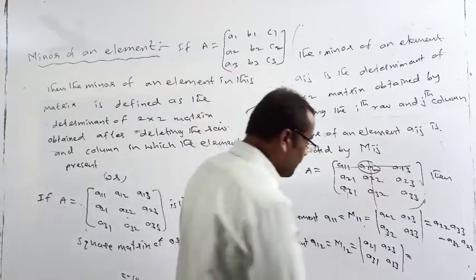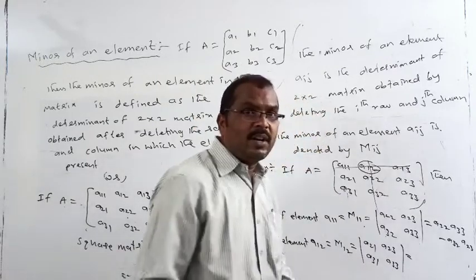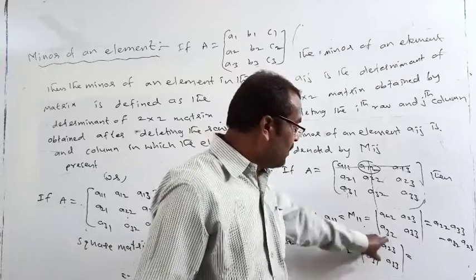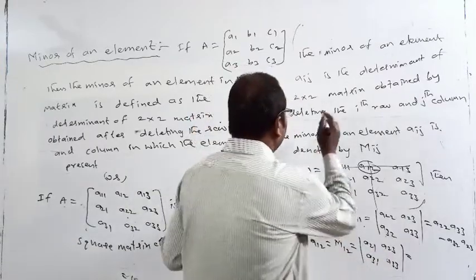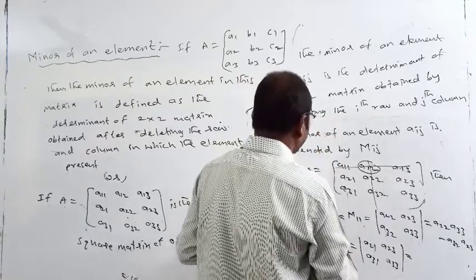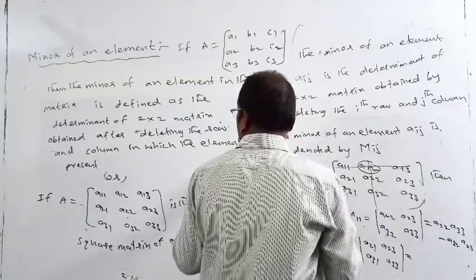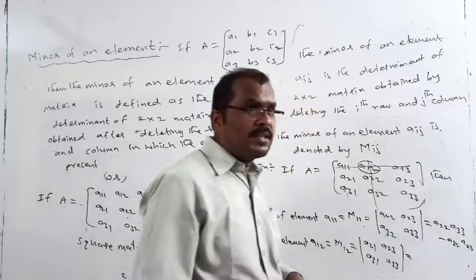So prepare a determinant. It is of the form A, B, C, D. We have already seen the definition of the determinant of a 2 by 2 matrix: AD minus BC.